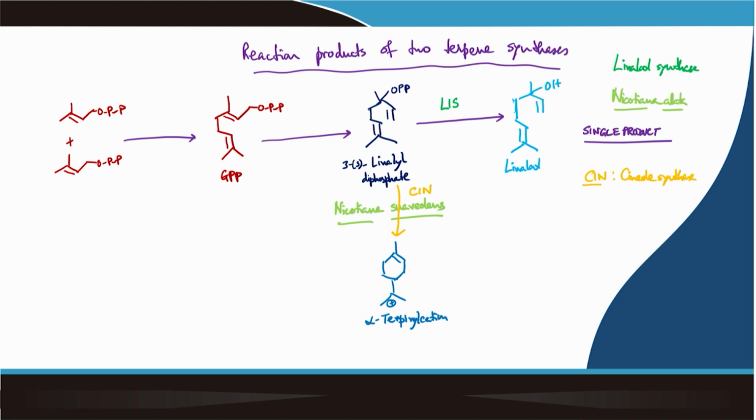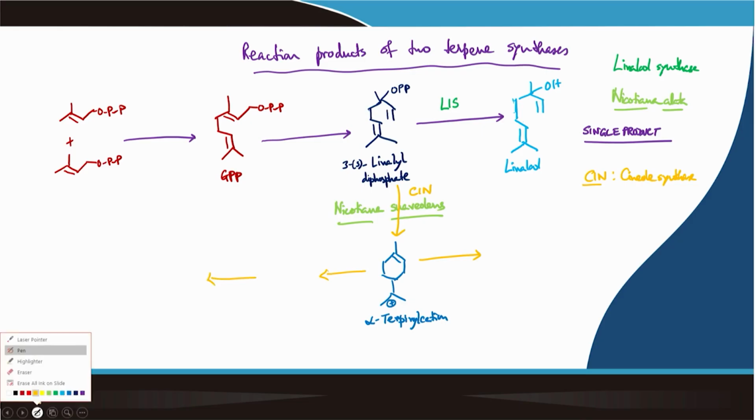Alpha terpinyl cation will subsequently be converted into different products like limonene, like terpineol, and then it forms cineol.